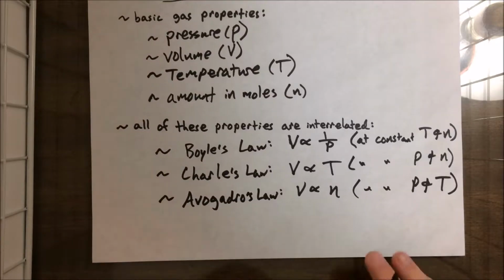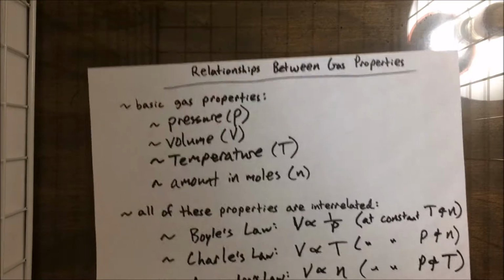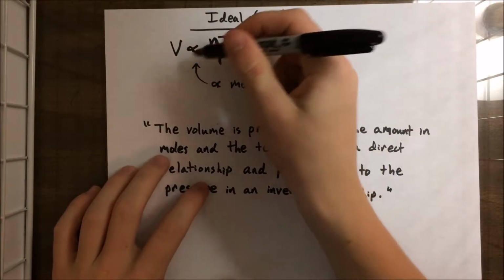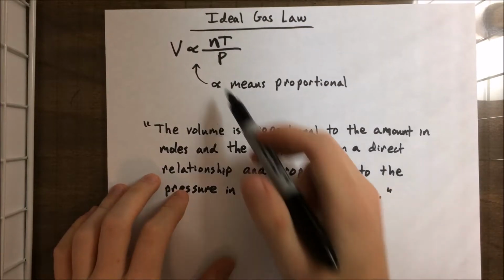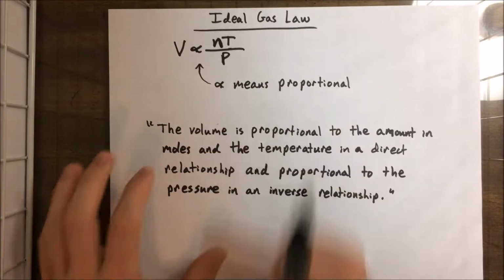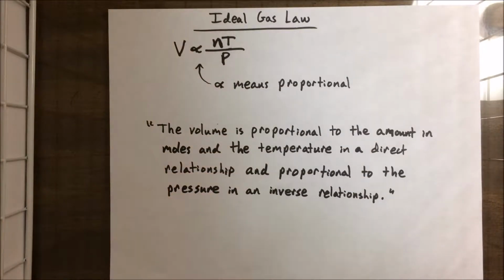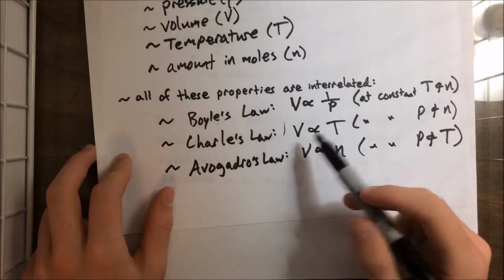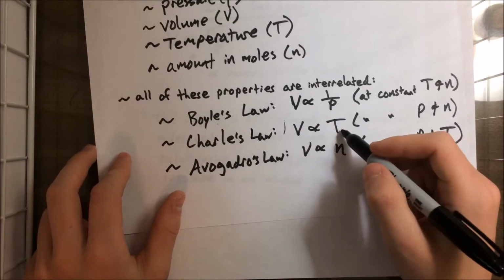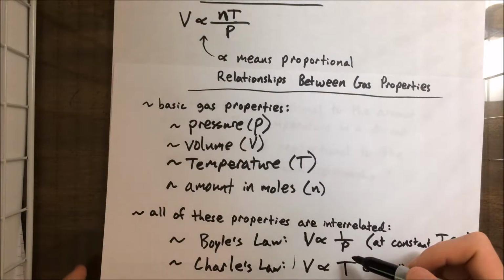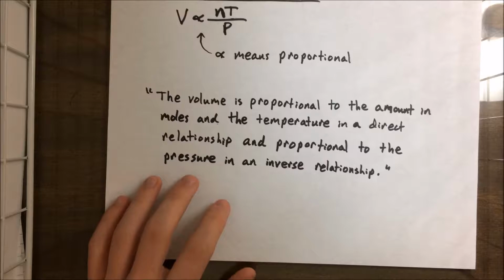Okay, and so the ideal gas law deals with all of these properties. Volume is proportional to the amount in moles and the temperature in a direct relationship, and inversely proportional to the pressure.